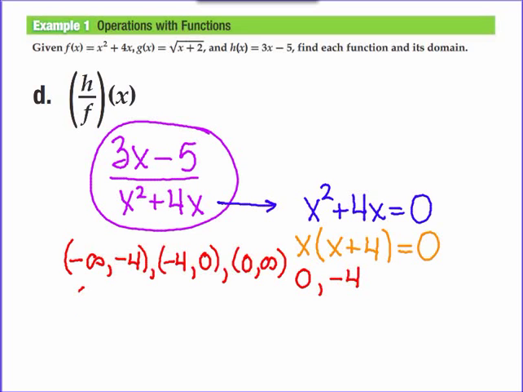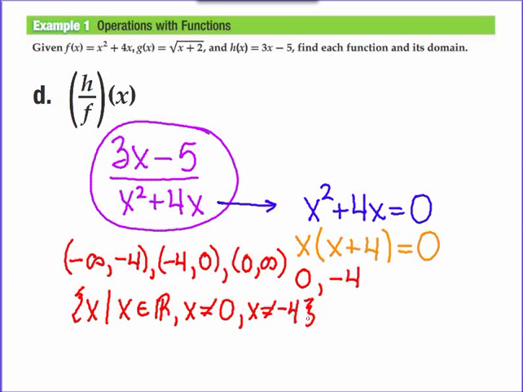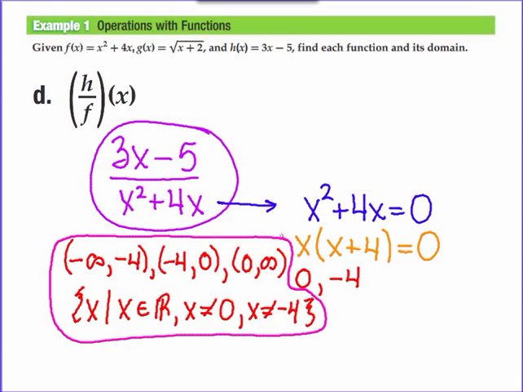Or you could write this: x such that x is an element of the reals, and x cannot equal 0, x cannot equal negative 4. So either of those is acceptable. I don't care which one. You can write it either way. It's kind of whatever makes sense to you.